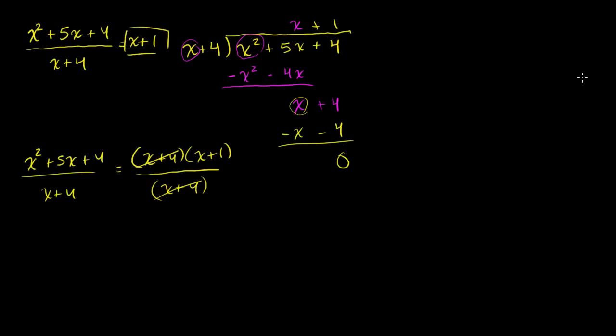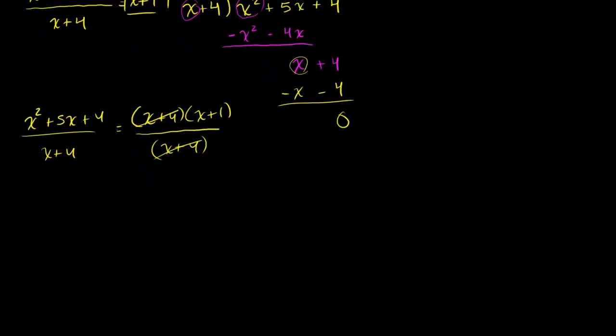Let's do another one of these, just to make sure that you really have it, because this is actually a very, very useful skill to have in your toolkit. So let's say we had 2x squared, I could really make these numbers up on the fly.